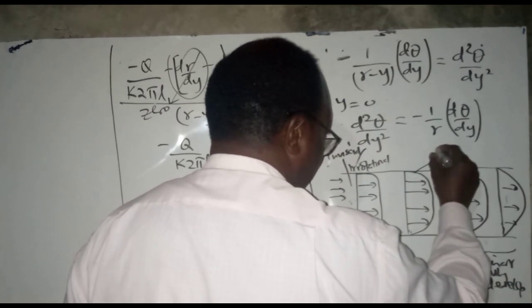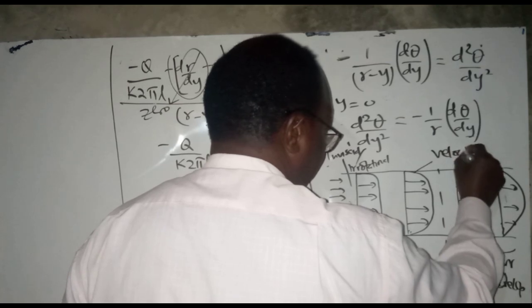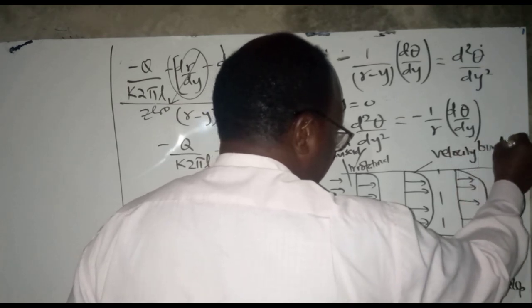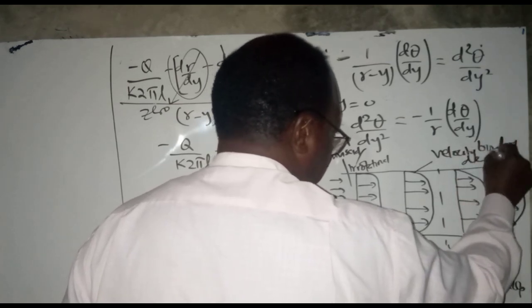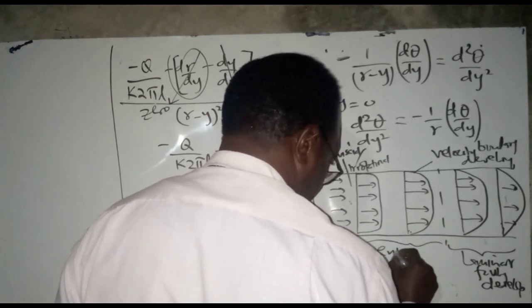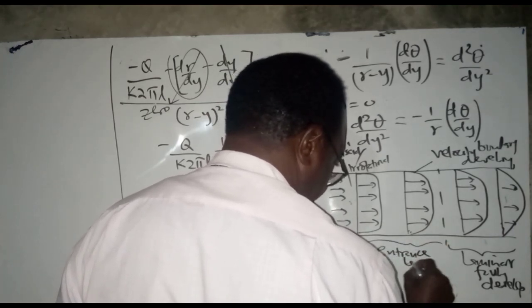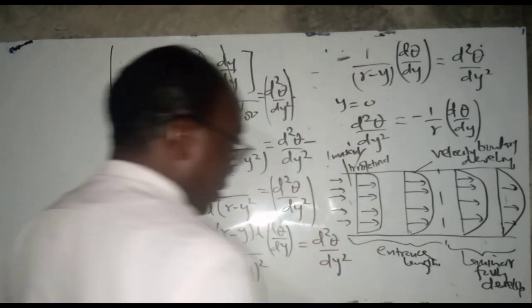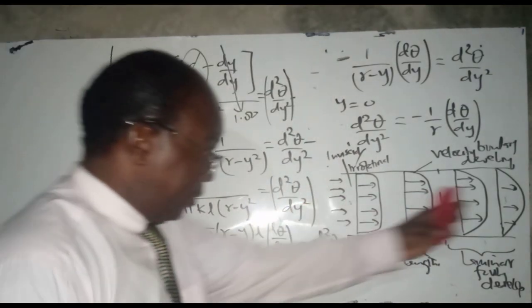This is the velocity boundary developing, and of course, this is the entrance length. And so the flow is developing.